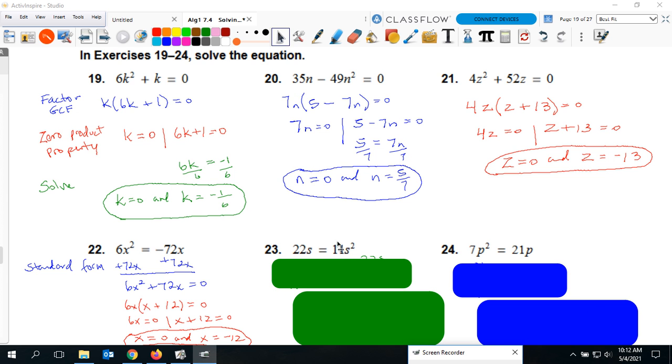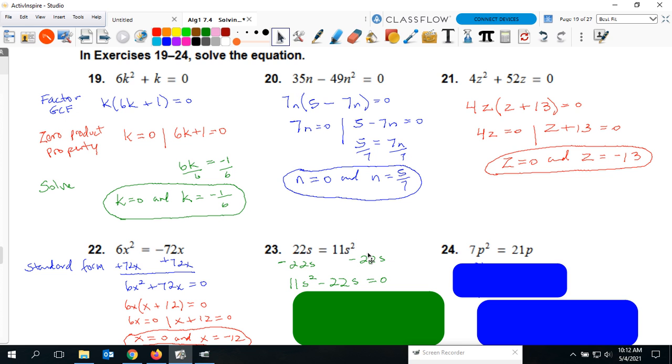All right, so if you have answers for 23 and 24, you just follow this process I was just doing on 22, starting with setting it in standard form. Since the s is here, now you may have subtracted 11s squared. I would want to keep the higher exponent positive, so I probably would have subtracted 22s, brought that over.